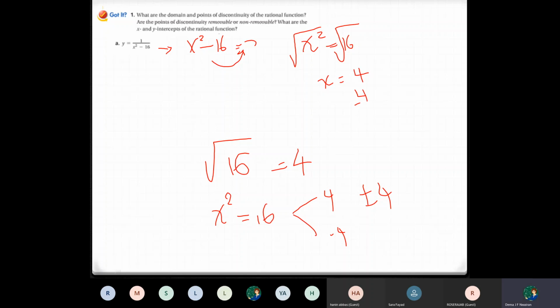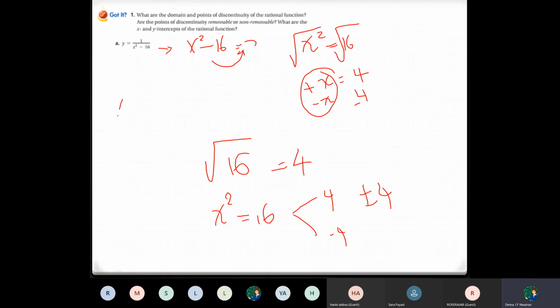Why? Because the square root of x squared could be positive x and negative x. The square root of a constant number is only positive 4. But the square root of a variable has to be positive and negative 4.